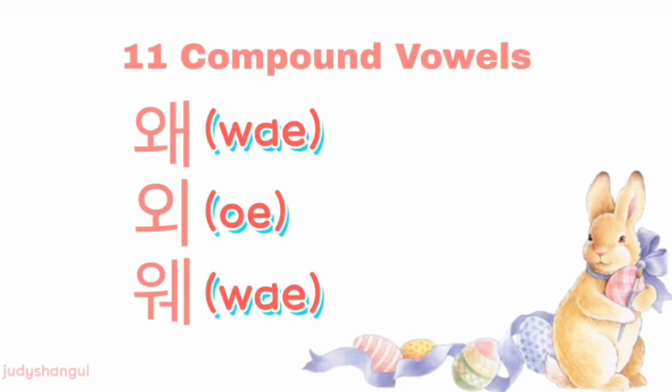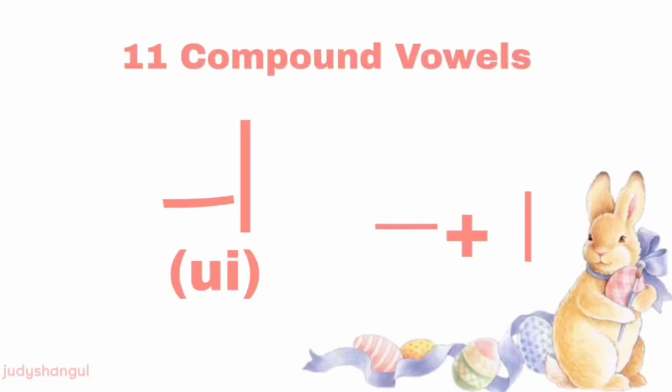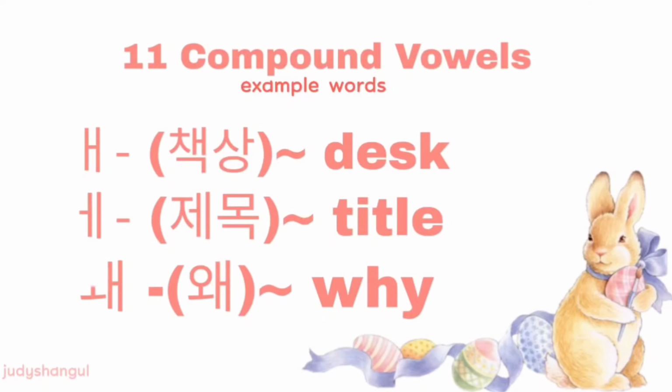Although their pronunciations are slightly different, no difference is made in real conversation. We. U. I. We. Ui. 책상, desk, 제목, title, 왜, why.